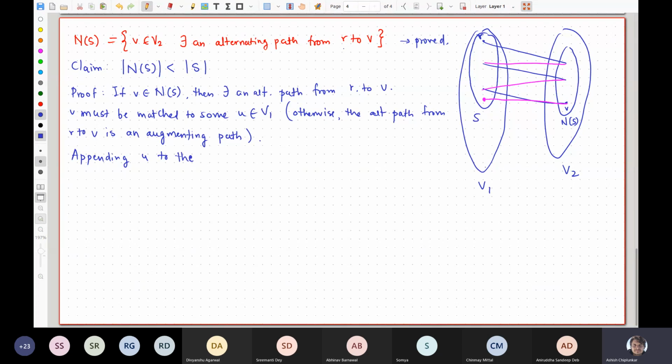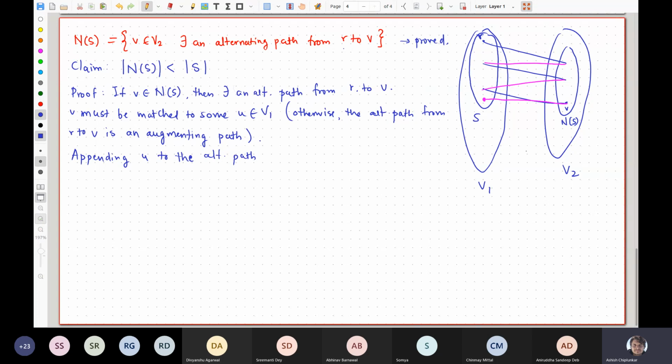Oh, you'll not have the same condition. Sorry, appending U to the alternating path. Right, so you cannot be in this alternating path. Why? Because if you were to be in the alternating path, the previous vertex must be the partner of U. If some vertex in V1 is in an alternating path starting from R, then the previous vertex must be its partner.